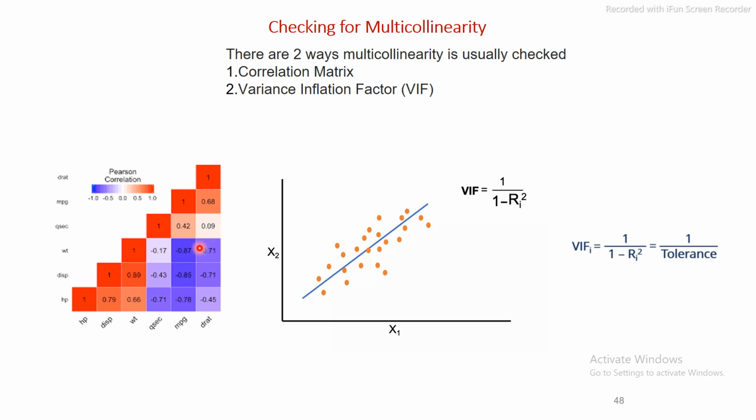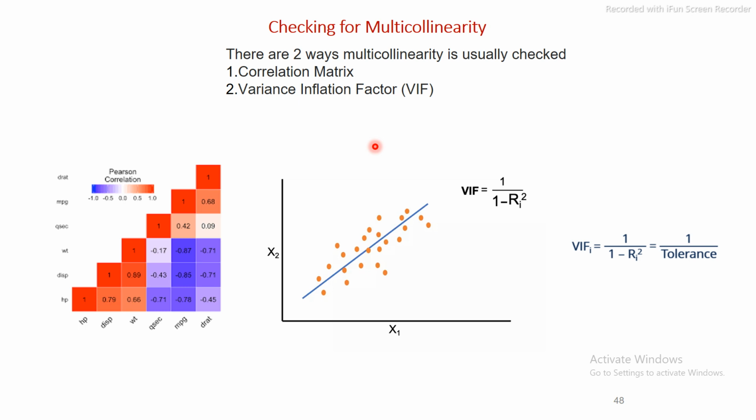If you look at this, the most highly correlated pair is WT versus DISP, at 89%, approximately 90%. So we will remove one and keep either DISP or WT. This correlation matrix gives you a kind of variable influence factor.